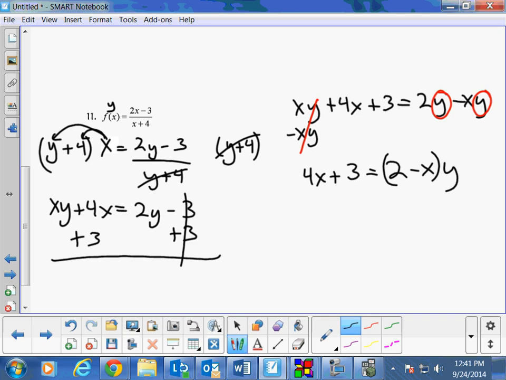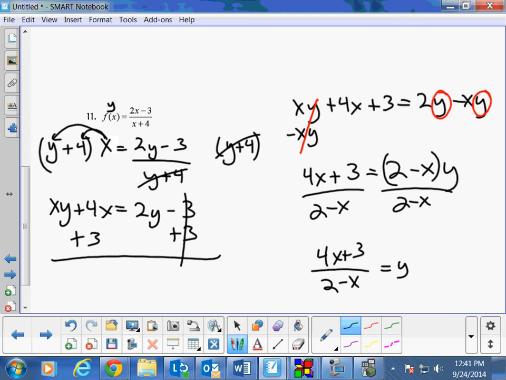Now I'm going to get the y isolated by dividing this binomial out of the way. And I'll end up with the inverse, which is y is 4x plus 3 all over 2 minus x. So that is my, not final answer, because I still need to define the domain.